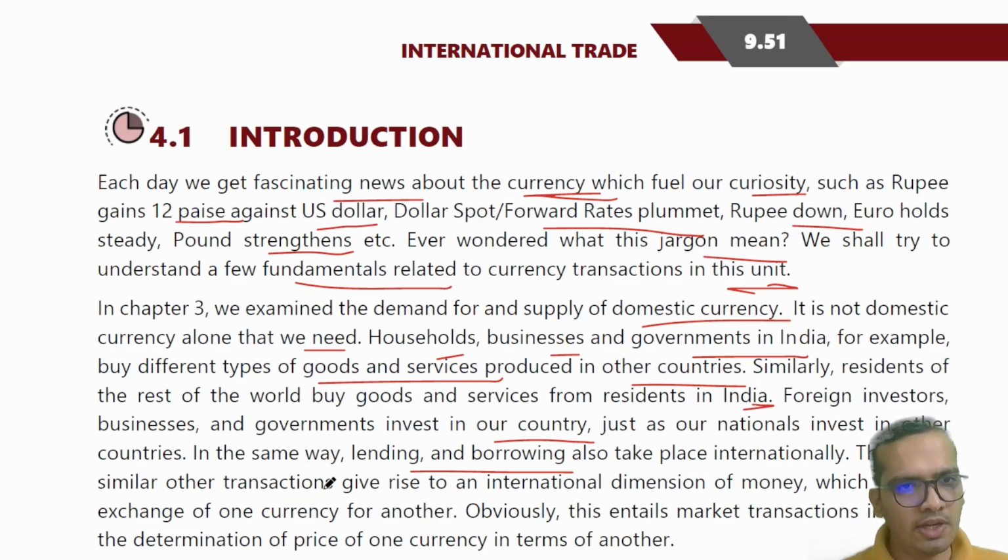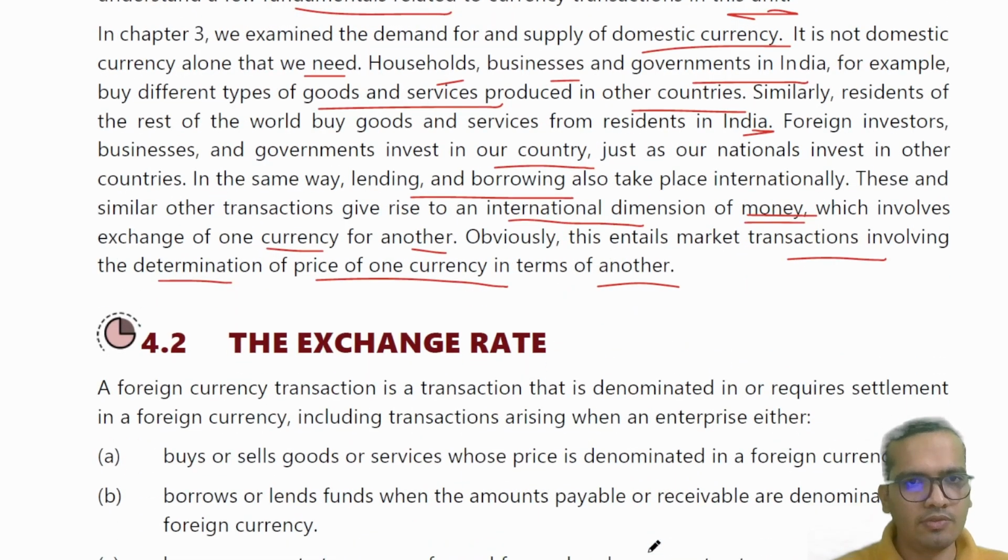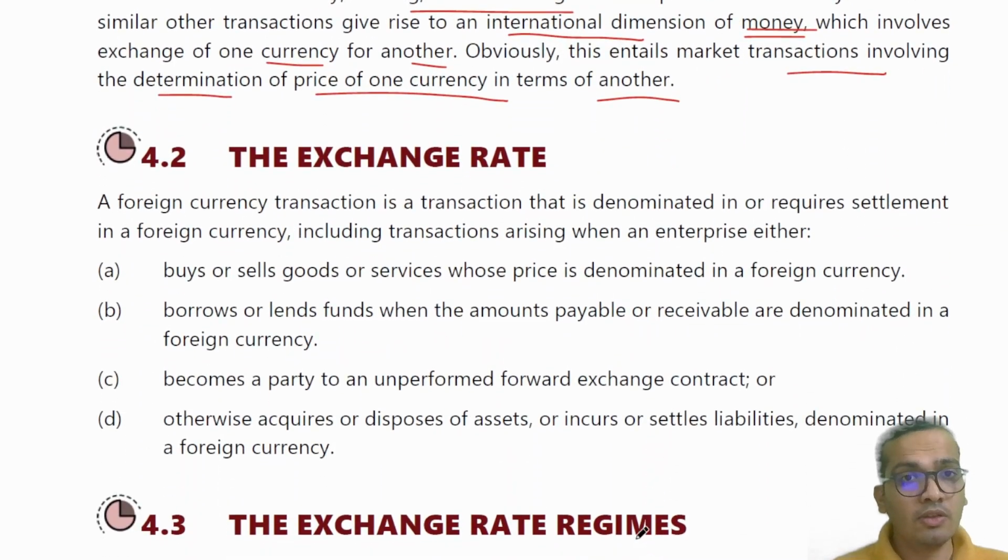These and similar other transactions give rise to an international dimension of money, which involves exchange of one currency for another. Obviously, this entails market transactions involving the determination of the price of one currency in terms of another. The exchange rate.